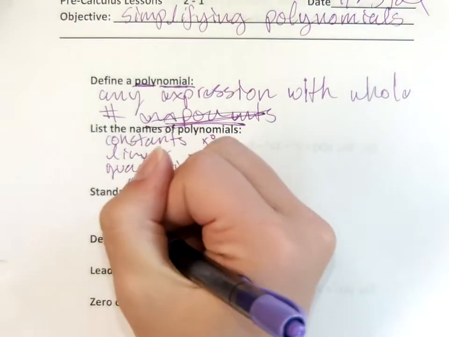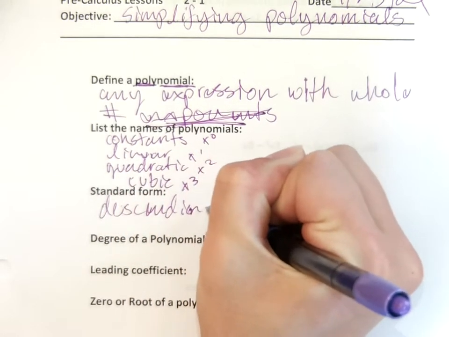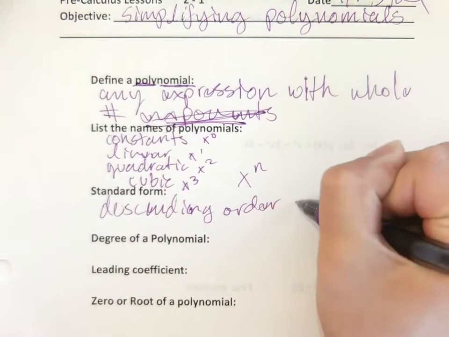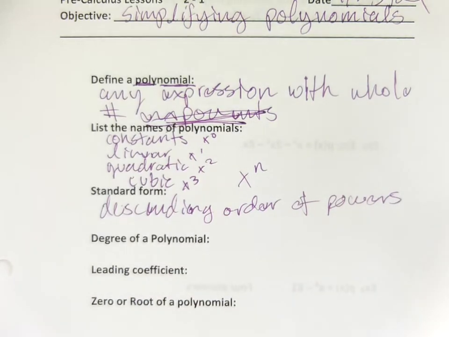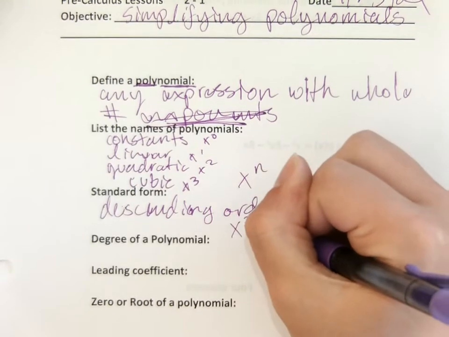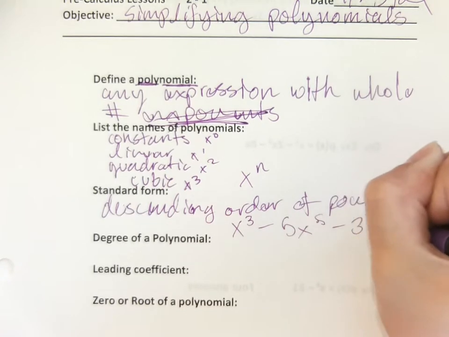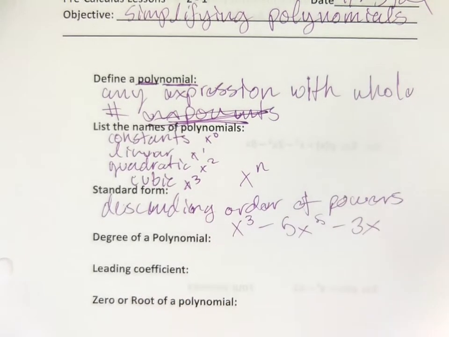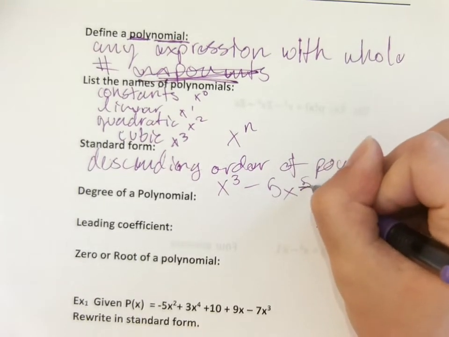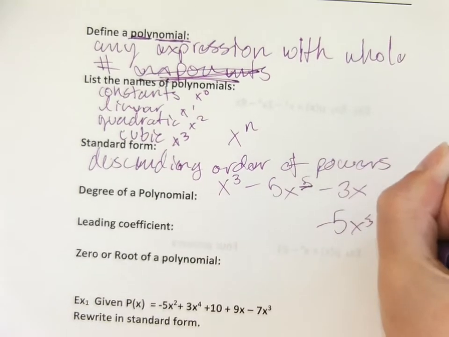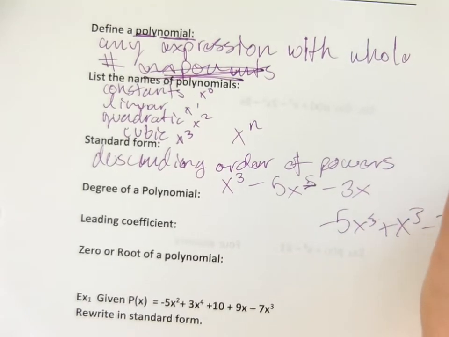Keep going, Brittany. All right, and then standard form: when you're writing a polynomial, you will write it in descending order of the powers. What that means is if you have x to the 3rd minus 5x to the 5th minus 3x, you would start with your highest power, which is the 5x to the 5th, and then you would have your x to the 3rd, because that's the next one down, minus 3x.